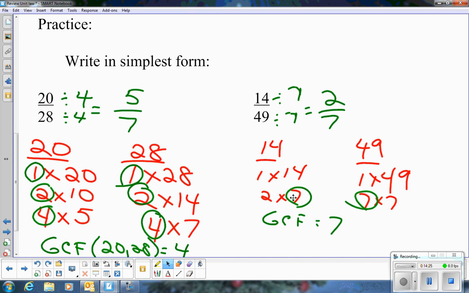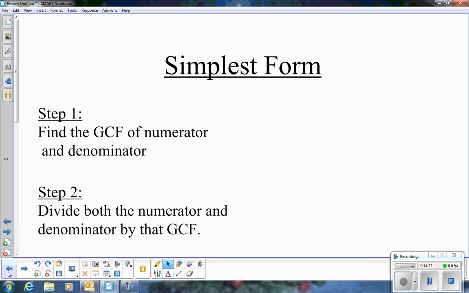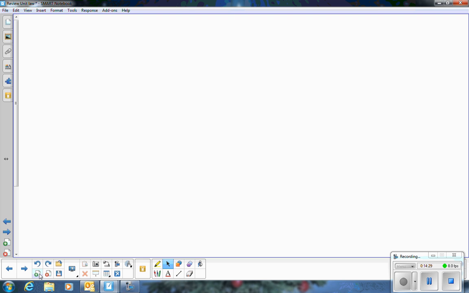Okay, so that's pretty much it. As far as your homework goes, this is a good practice of doing equivalent fractions. If you are struggling with your math facts, your multiplication facts, this is going to be difficult for you.